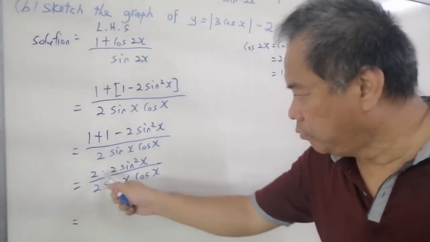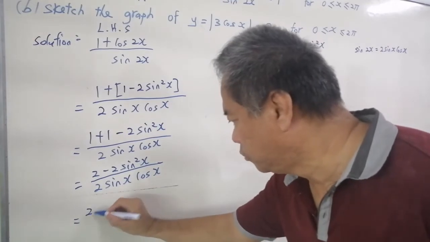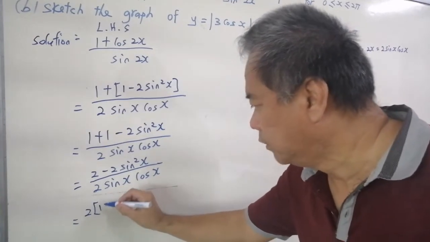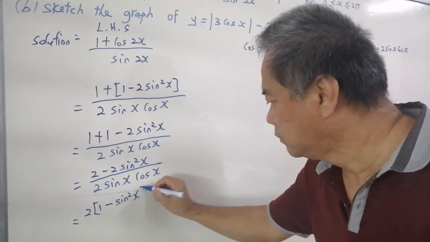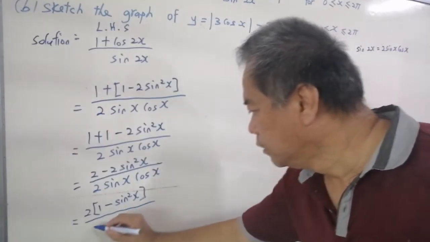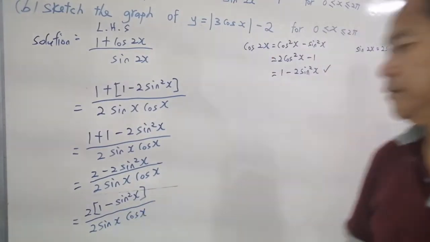Since 2 is common, I take the common 2 out, so it equals 1 minus sin square x over 2 sin x cos x.